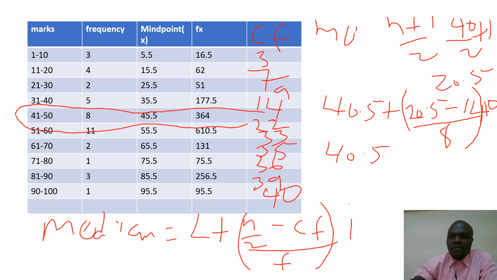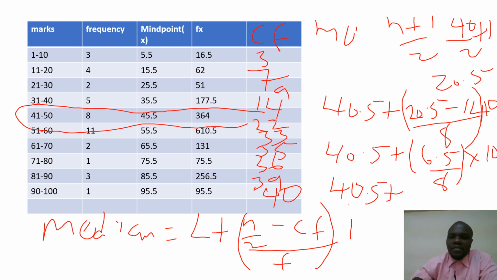So if we output these, we are going to have 40.5 now, then plus this one we subtract to get 6.5 divided by 8, then multiplied by 10. So this is the same as 40.5 plus, if you add this, you get 6.0.